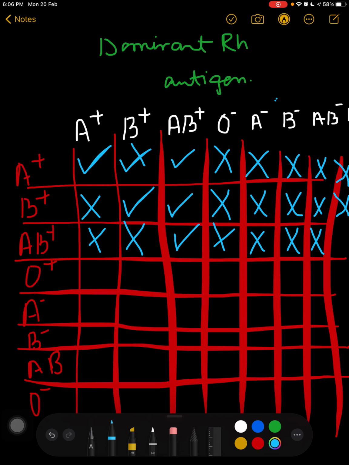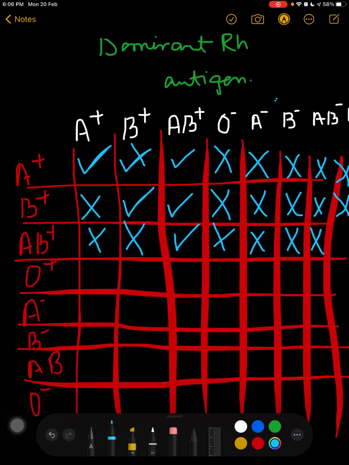We have O negative, obviously, so it is O positive, so it can also give to O positive. It will give blood to O positive. It will not give to A negative, neither B negative, maybe no O negative, right. If you go A negative, so basically A negative can give to A positive or not.